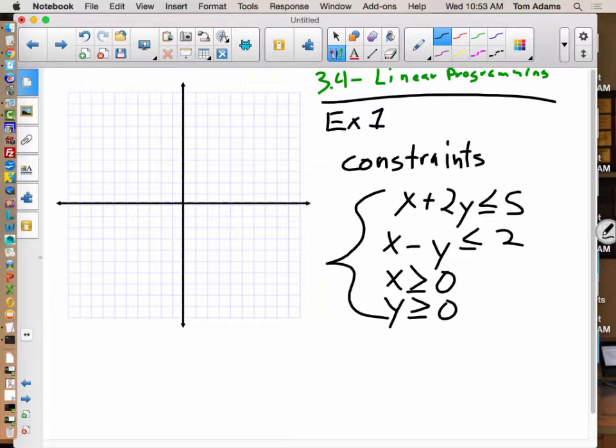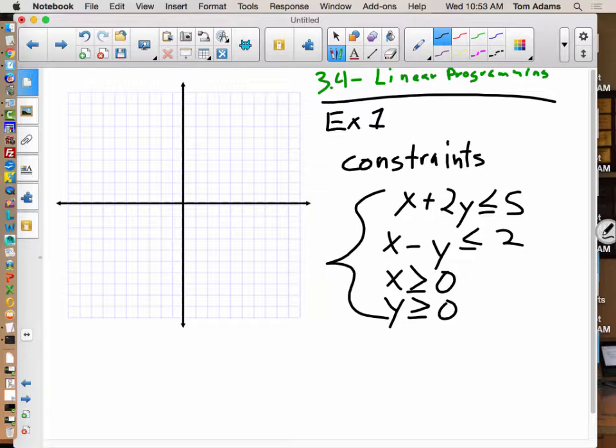Now, in reality, this happens in the real world all the time for business models. If I had a company and I made something and sold something, there are a lot of factors that come into whether or not I'm going to make a profit, or how many items I need to make. Just to give you an example, one equation could represent the cost of the raw materials.